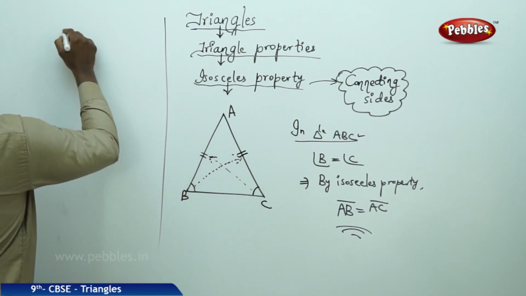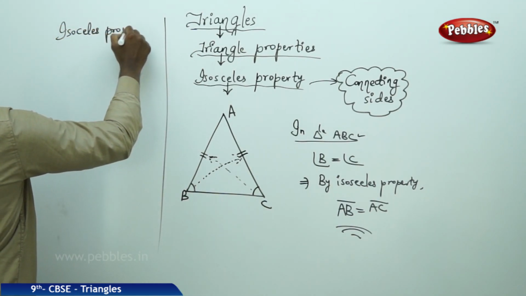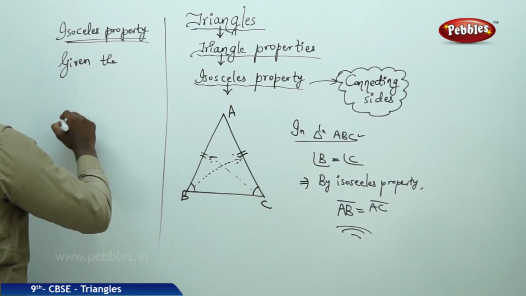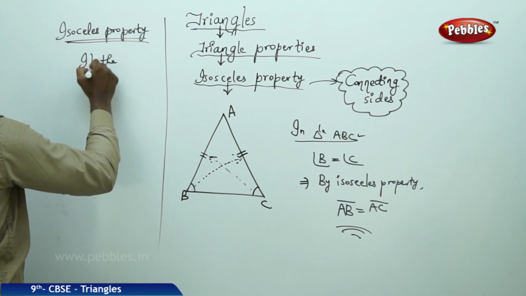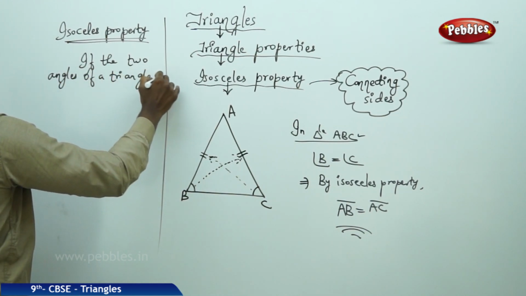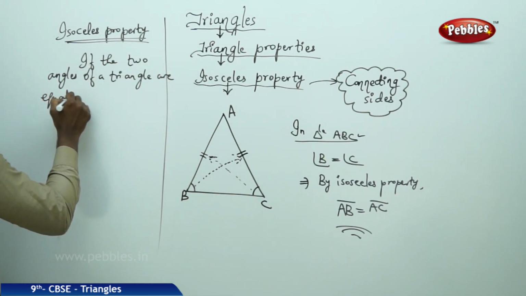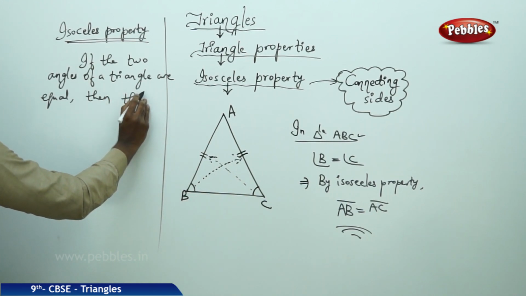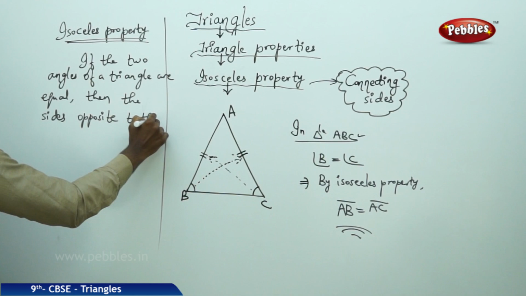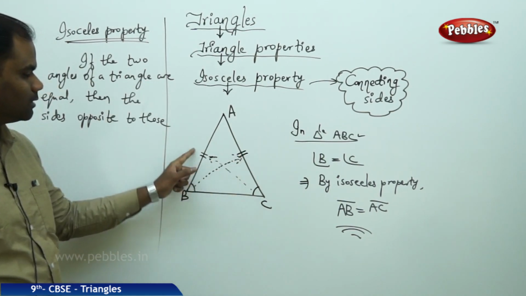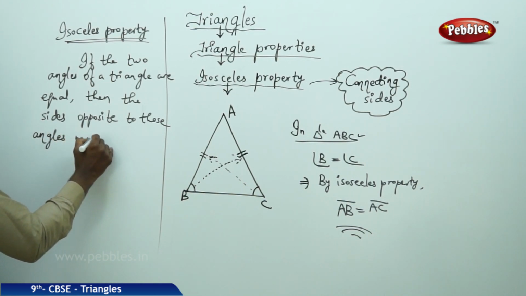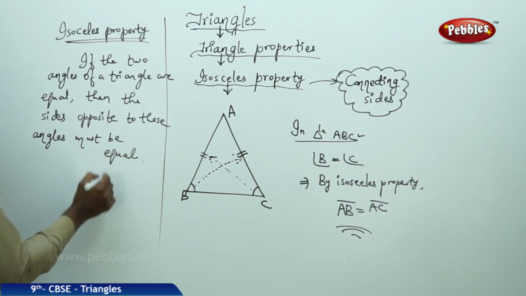Therefore, the property defines that if the two angles of a triangle are equal, then the sides opposite to those angles, like this side opposite to this angle and this side opposite to this angle, must be equal.